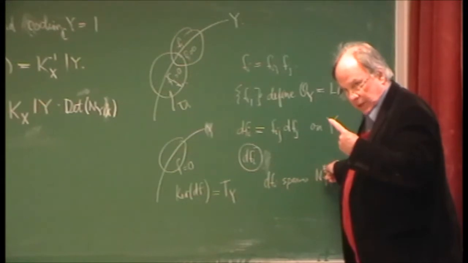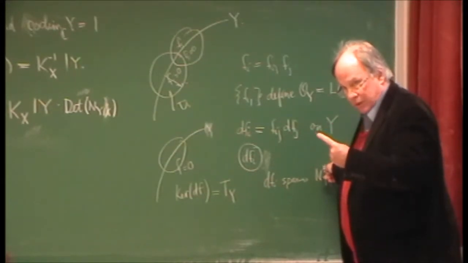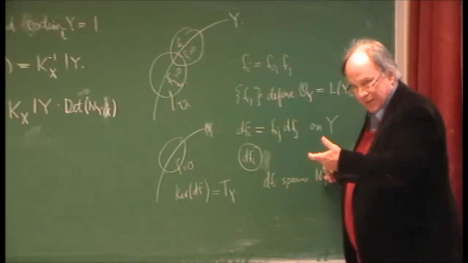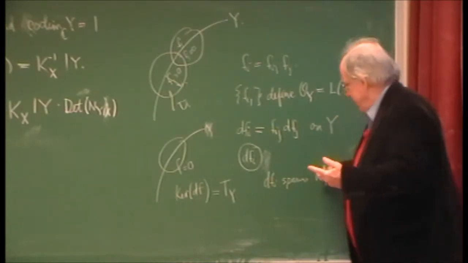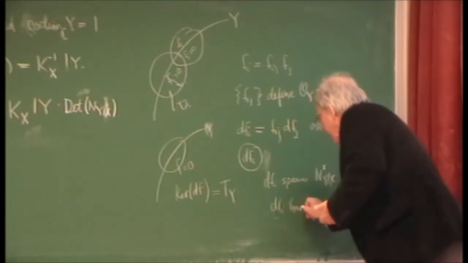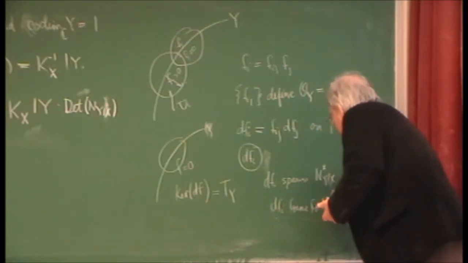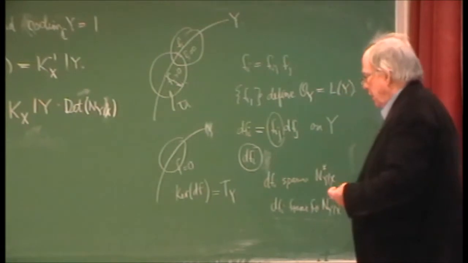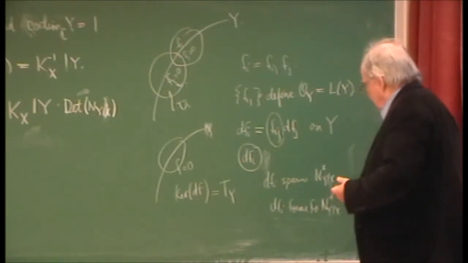It is a frame for the dual bundle. And the frame transforms in the opposite way the sections transform. So you should think of this as a frame for this thing, the dual bundle. And it transforms this way. Yes.